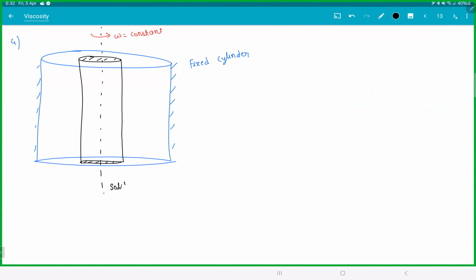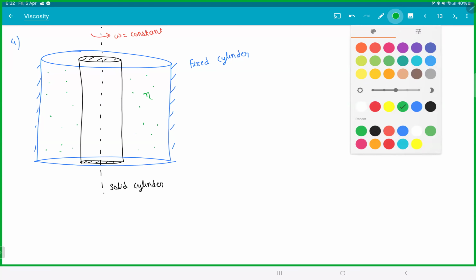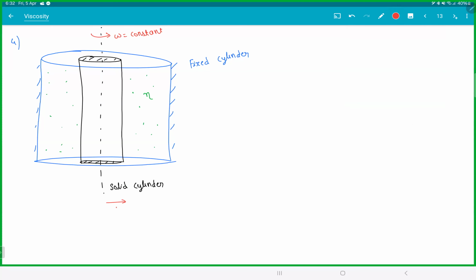This is a solid cylinder. The space between them is filled with liquid, eta. Let this radius be R1, let this radius be R2. The outside one is a fixed cylinder, and the length of this entire cylinder, let it be L.